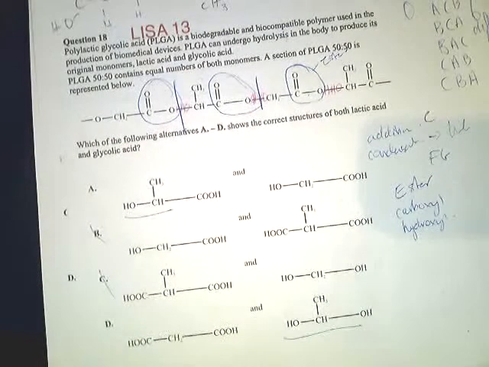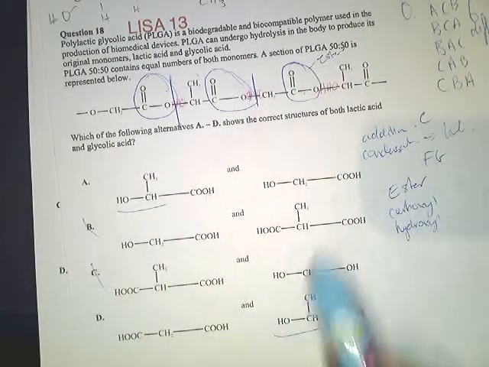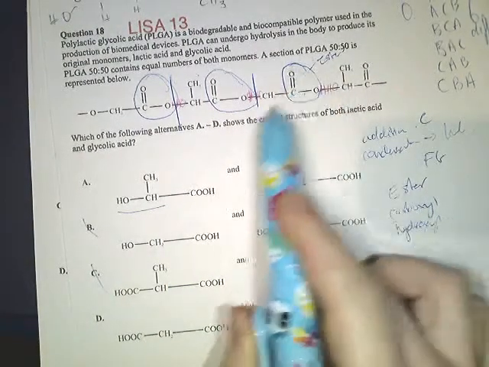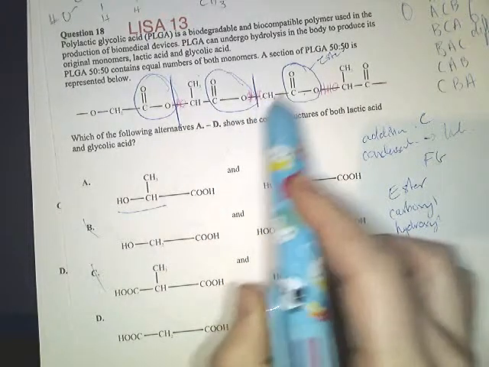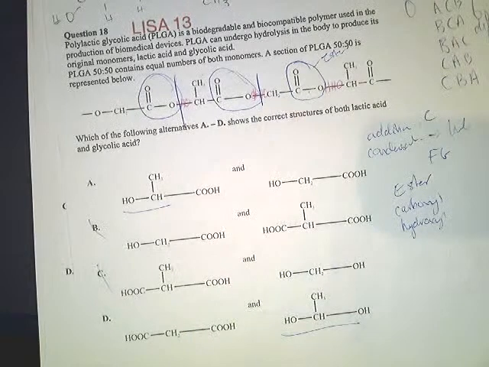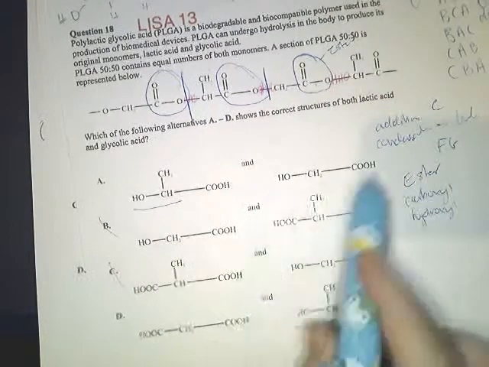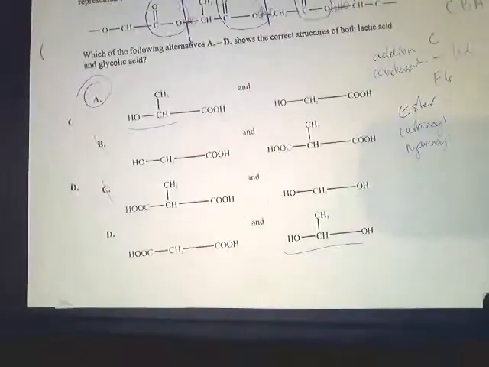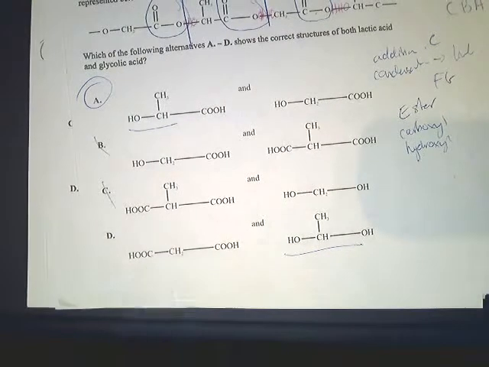And the other monomer is of course going to have a COOH on the other side. And the other monomer is going to have CH2 and OH on one side, and then a COOH on the other side. Looks like it's A to me, but let's just check this one. CH2 doesn't have an OH, so it can't give D.